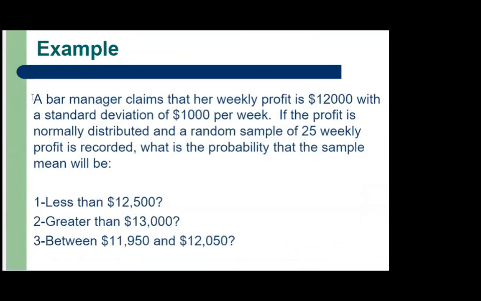Another example we have here: a bar manager claims that her weekly profit is $12,000, with a standard deviation of $1,000 per week. So they are making $12,000 on average every week, right? A standard deviation of 1,000. When you see this, you need to immediately remember what you learned in the past about standard deviation. With these numbers, you can quickly calculate approximately what portion of your different weeks the range of your average profit would fall in.